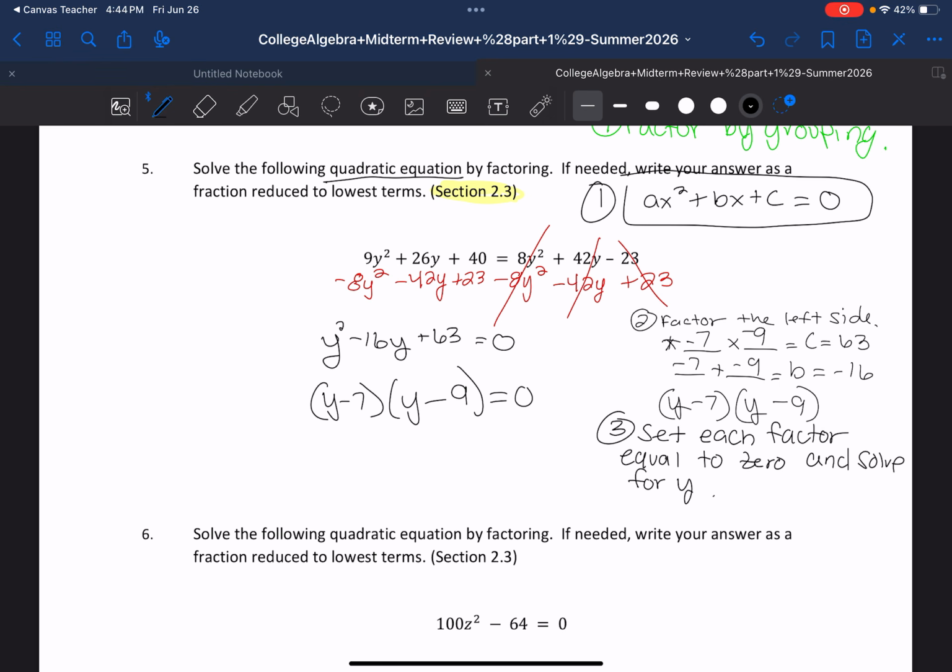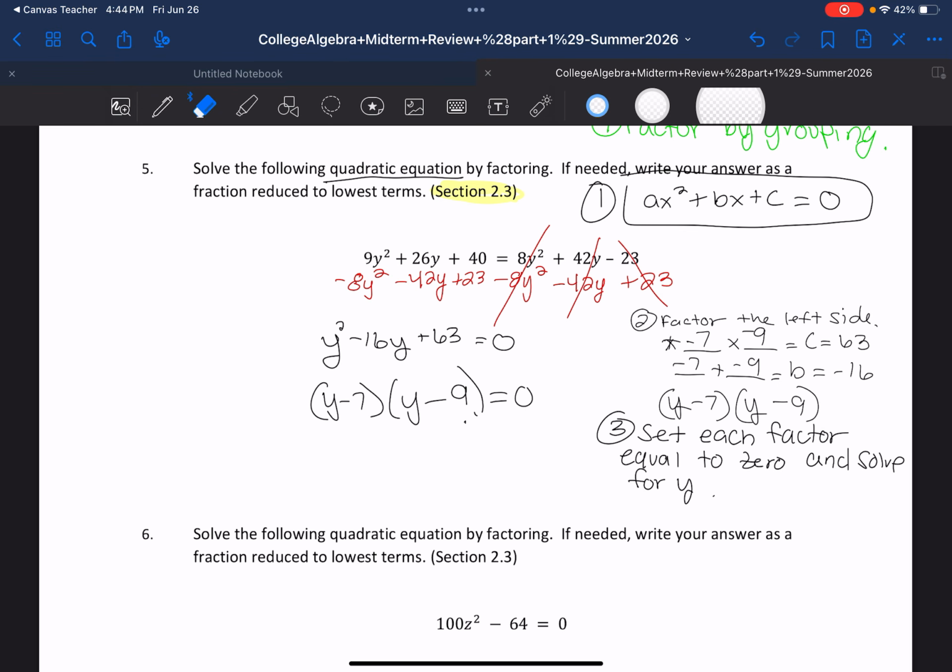This is called the zero product property. So anytime you have two things being multiplied and it's supposed to equal 0, we're trying to find the solution. What makes this true? Well, if something makes the first factor 0, then 0 times whatever this is 0. So that would be true. And same thing with the second factor.